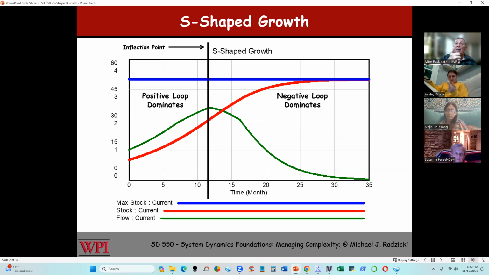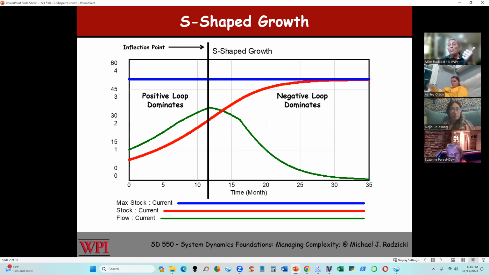So you need a positive feedback loop process and a negative feedback loop process, okay? And then you need, since the negative loop is goal-seeking, a carrying capacity or a ceiling, something that the negative loop is heading toward, right? That would be the blue line here. And then you need an inflection point where the shift in feedback loop dominance occurs, right? And that is only possible with a non-linear relationship.